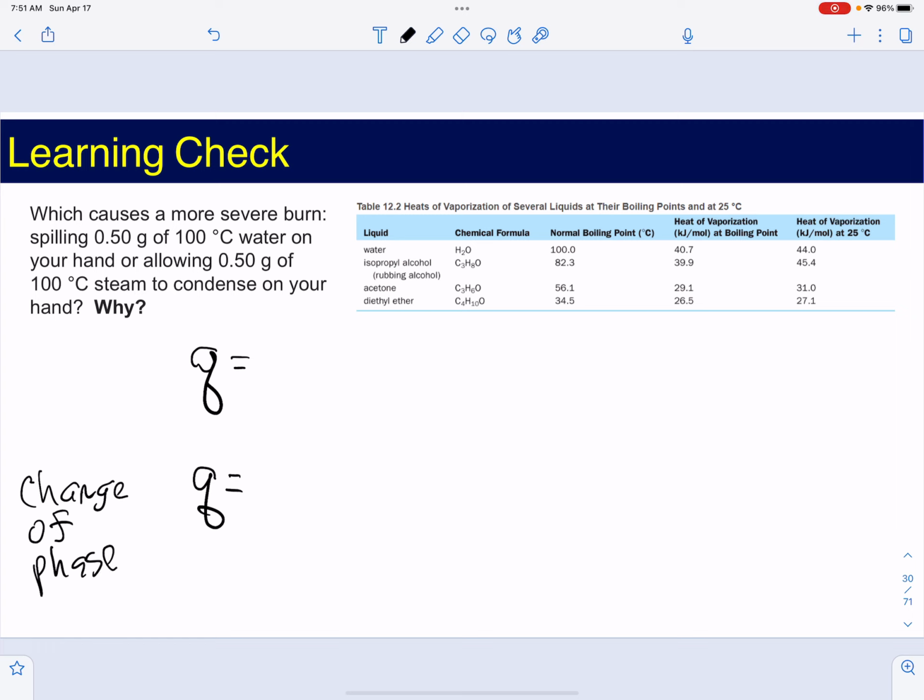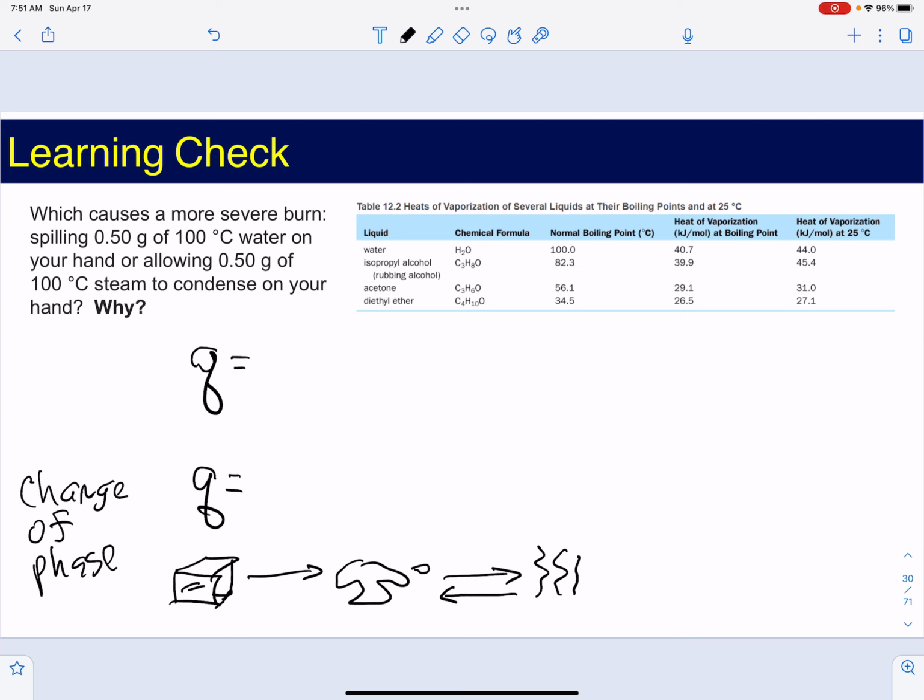Every time I say change of phase, think ice becoming water, water becoming gas. So you're going to have melting, and then boiling, or you can have condensation and then freezing. Melting and freezing happen at 0 degrees Celsius. Condensation and boiling happen at 100 degrees Celsius.